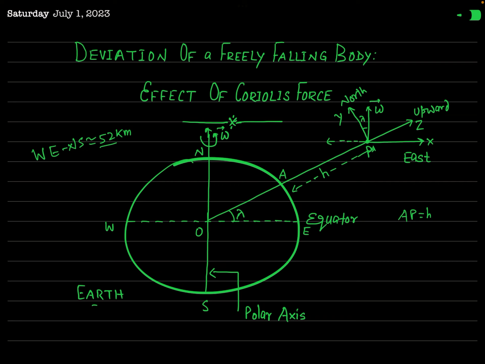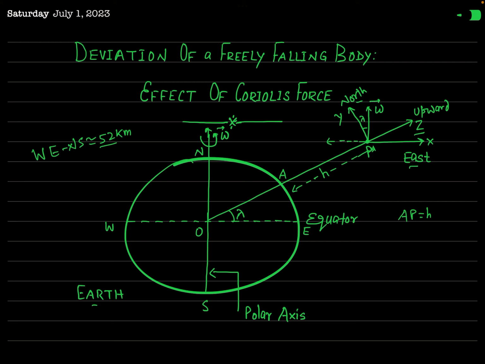The z-axis of this coordinate system is taken in the vertically upward direction, or you can say radially outward direction. The x-axis is taken in the eastward direction and the y-axis is taken in the northward direction, as you can see here.